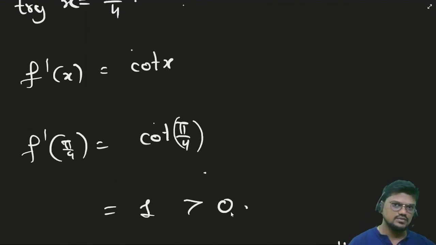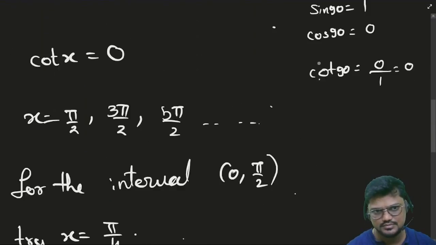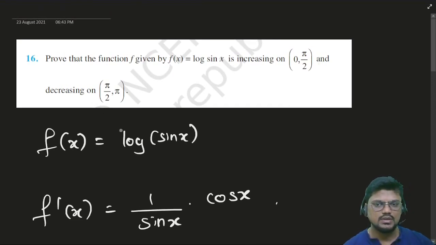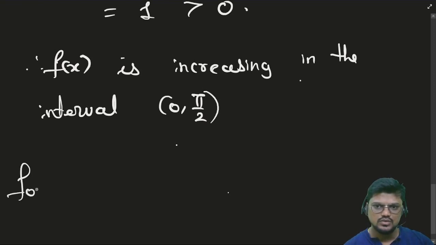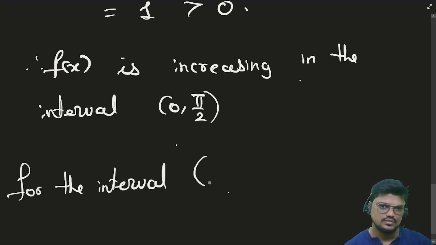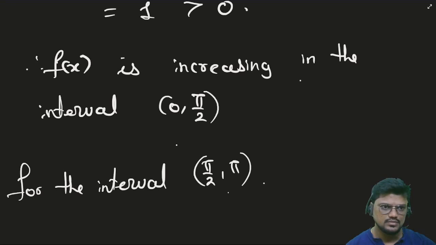The next thing they have given is the interval pi by 2 to pi.